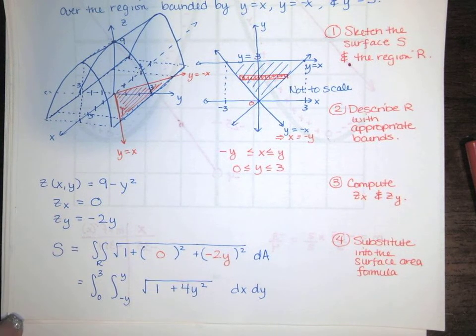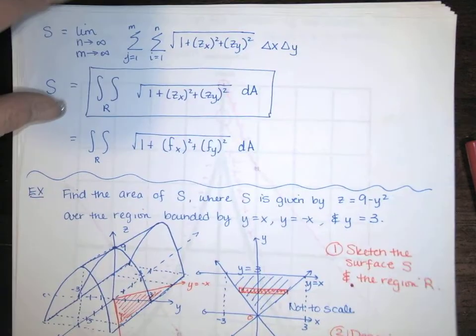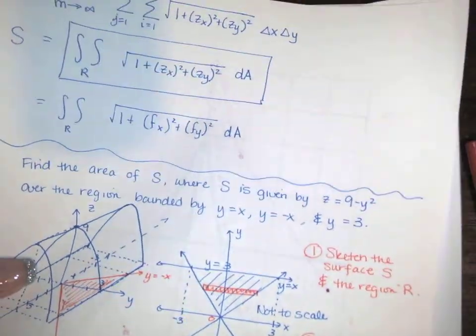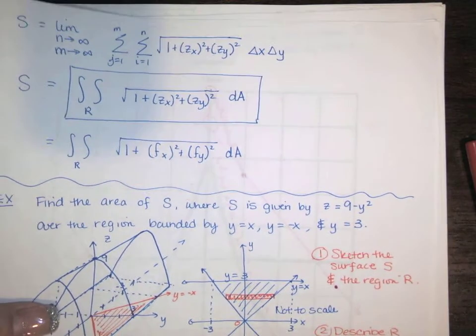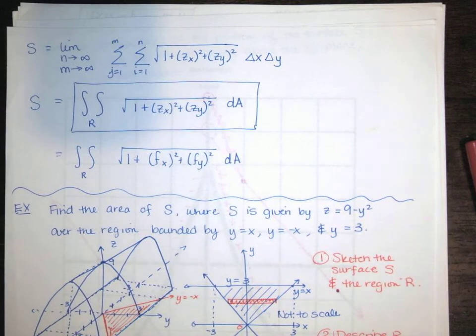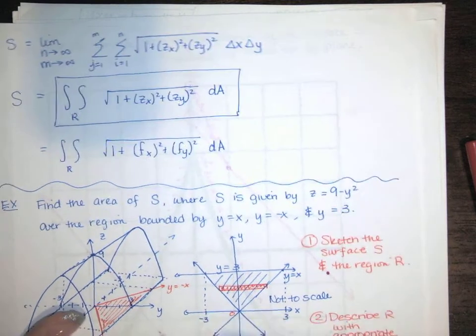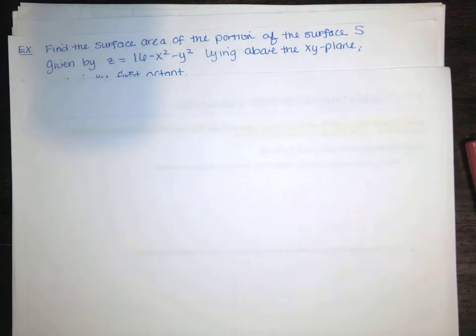Okay, so that's our surface area integral, and now we just evaluate it. Some of these can be pretty challenging, but we do the best we can. And sometimes it looks bad, but it turns out to not be that bad after all.